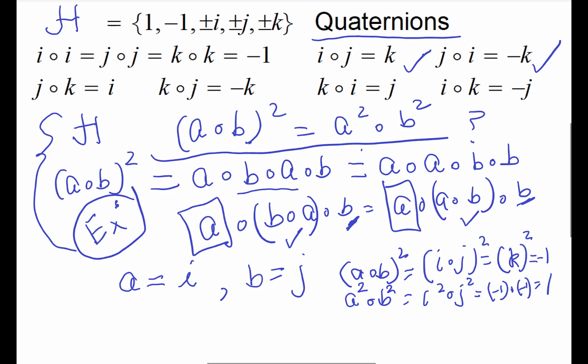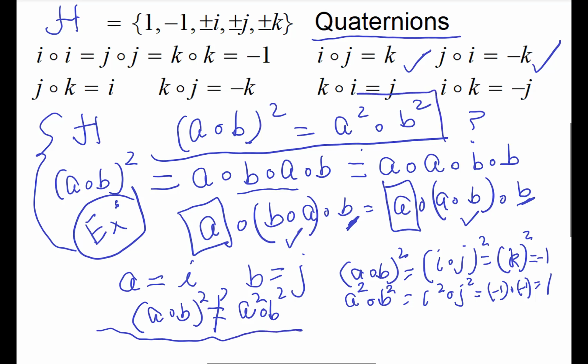Now that is +1 in here because everything else followed just the usual multiplication law. So we could see that in here (A∘B) square is not equal to this. So that means this equation is not always true for a non-commutative group, and so that's a property that holds for all elements only for commutative or abelian groups.